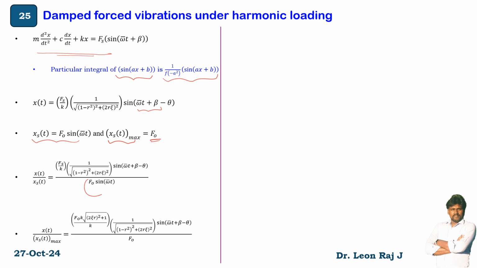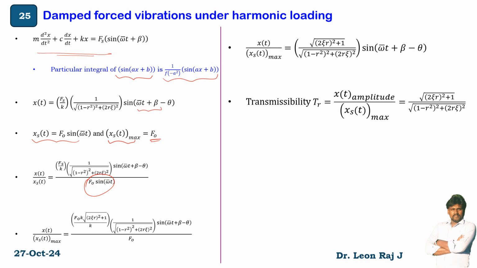This t max is nothing but F0. So it is further simplified as x of t divided by xs of t max is nothing but square root of (2 xi r) square plus 1 divided by square root of (1 minus r square) whole square plus (2 r xi) whole square, into sine omega bar t plus beta minus theta.